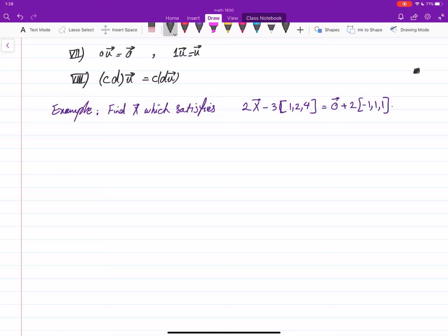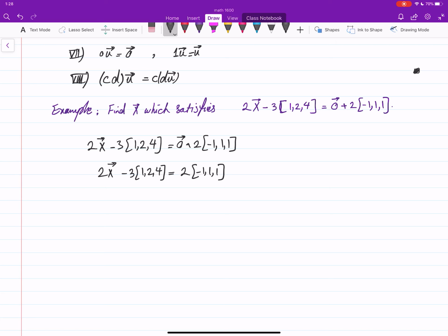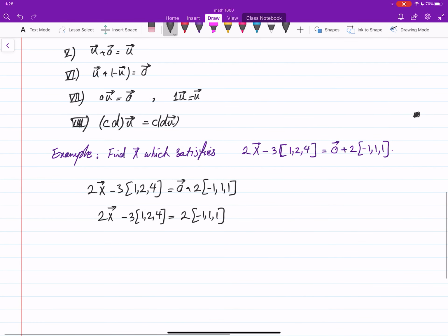So let's just use the properties. 2x minus 3 times (1, 2, 4) equals 0 plus 2 times (-1, 1, 1). Very nice. Here, the zero vector added to anything gives the same thing, so the right hand side will be again (-2, 2, 2). Add the zero vector to any vector and you get the same vector back.